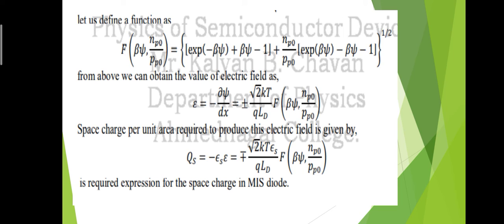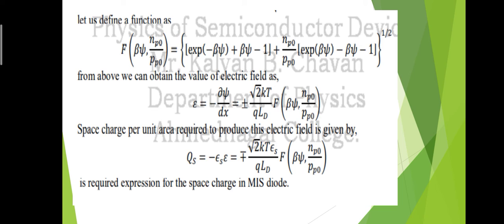Now from that we have to find the space charge per unit area of the semiconductor for the MIS diode. So the space charge per unit area required to produce this electric field is given by Qs is equal to minus epsilon s into epsilon, which is nothing but multiplying by minus epsilon s.